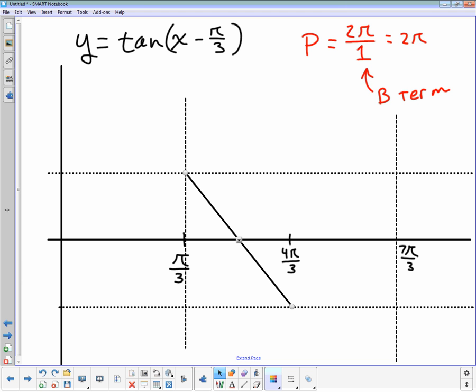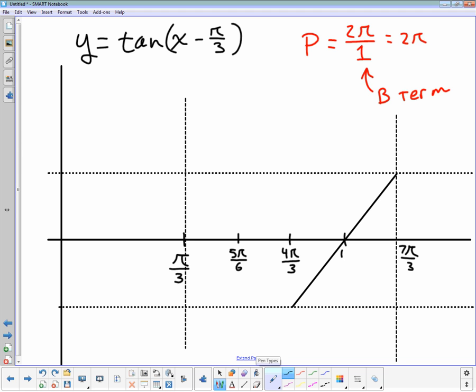Right? Then the average of 4 pi over 3 and 7 pi over 3 gives the other quartile point. Okay, so there's the box.